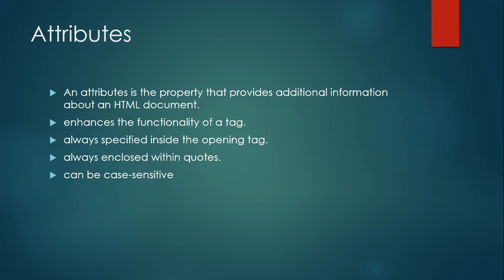That's why it enhances the functionality and changes the look of the web page. It is always specified inside the opening tag, not with the closing tag. Its value is always enclosed within double quotes. Sometimes, in some cases, it can be case sensitive.